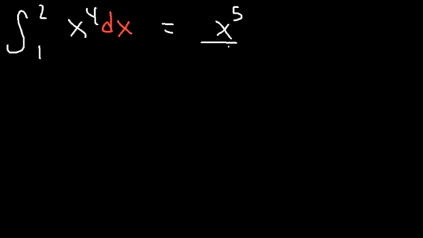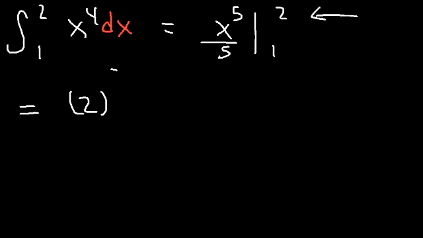So let's work on some more examples. Try this one. Feel free to pause the video. The antiderivative of x to the fourth is x to the fifth divided by 5. And we're going to evaluate it from 1 to 2. We need to plug in 2 first.